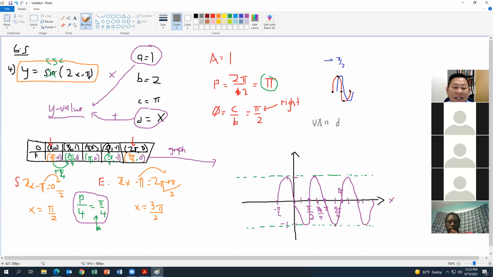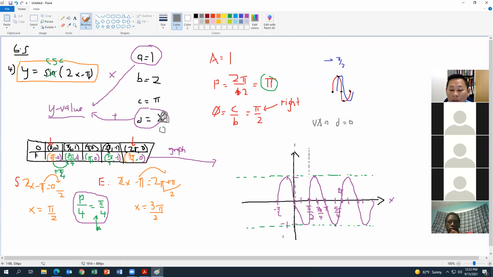Since d is nothing, or in this case 0, nothing means 0. That means that when your y value is 0, that is your vertical asymptote. So your vertical asymptote is here, where your y value is 0.